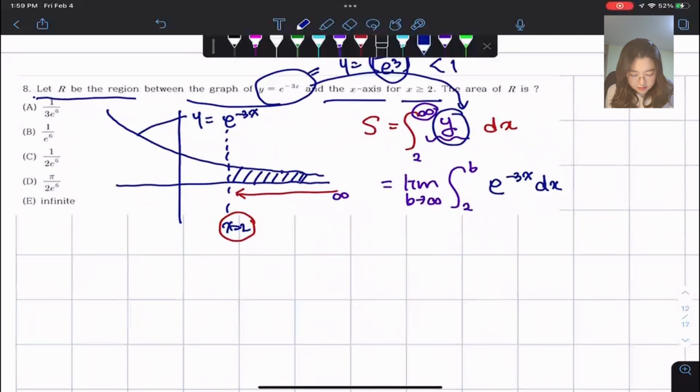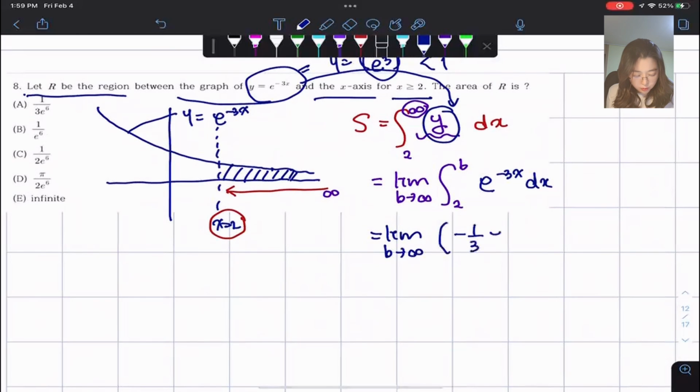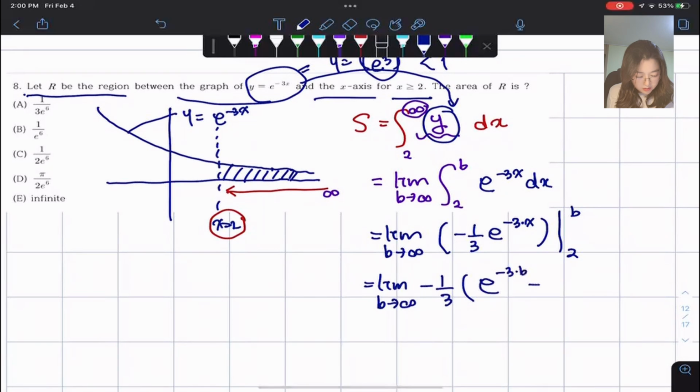Let's calculate this formula. Limit as b approaches infinity, this is minus 1 over 3 e to the power of minus 3 times x from 2 to b. Plug in this value. Limit as b approaches infinity, minus 1 over 3 e to the power of minus 3 times b minus e to the power of minus 6.